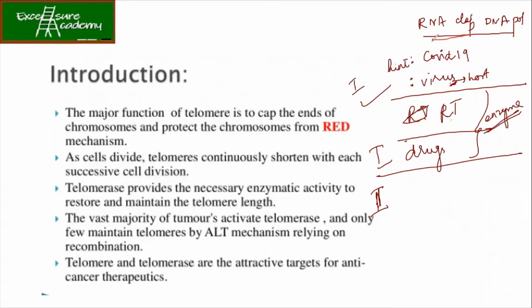In the name itself, RNA dependent DNA polymerase, we get the idea. I'll give you the hint: you have already targeted the protein part of the telomerase. Now what else can you target?